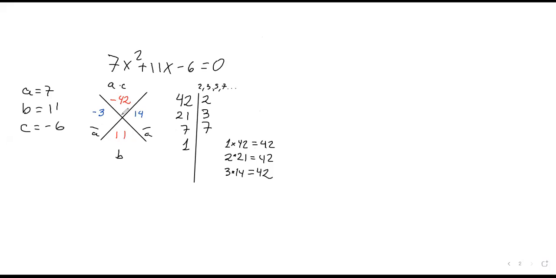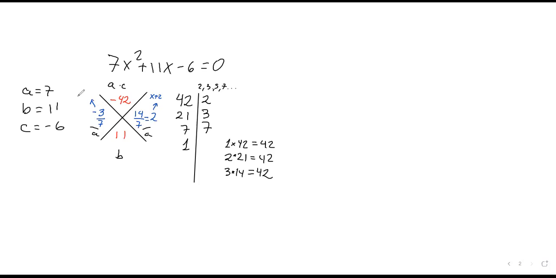The numbers that we found, we have to divide them by A and simplify if possible. So 14 divided by 7 is 2. And here we cannot simplify any more. Now we're going to have two factors here. One factor is going to be x plus 2.